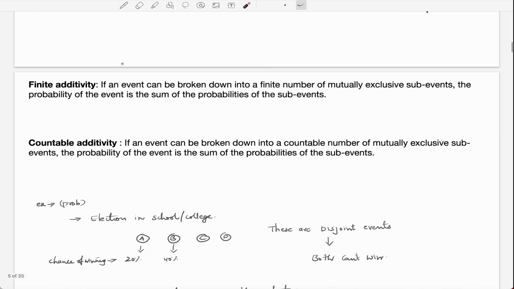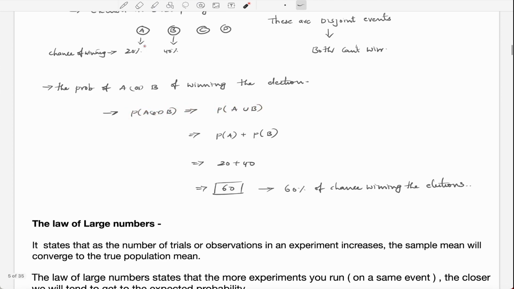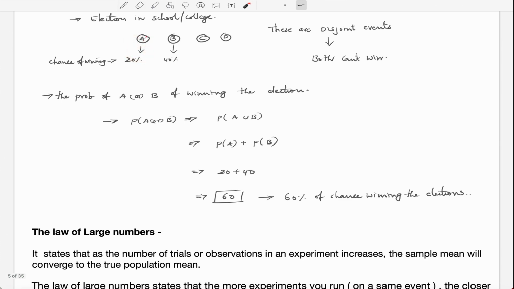We have seen the additivity rule in that example, so for A or B we simply take the union. The probability of A is 20%, so we write 0.2, and 0.4 for B, which adds up to 0.6. That is nothing but 60%.